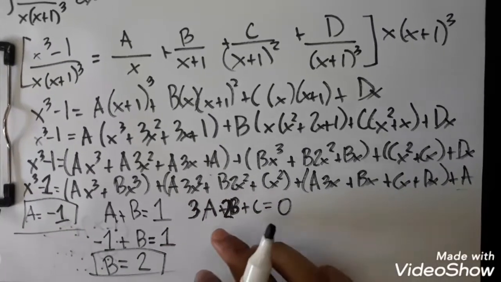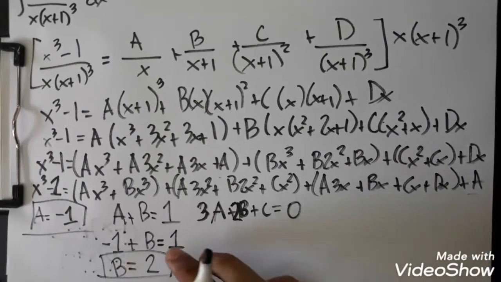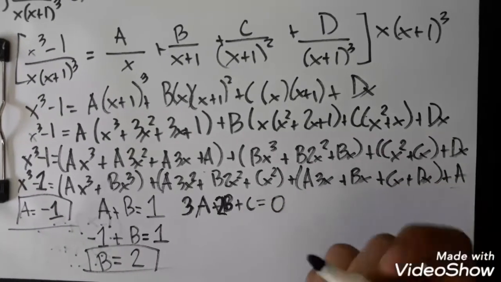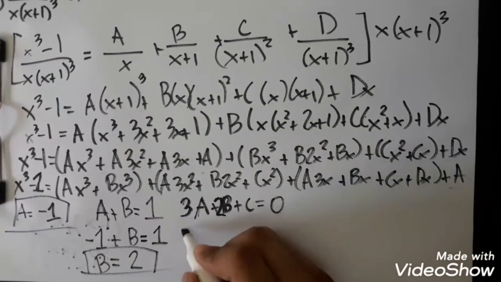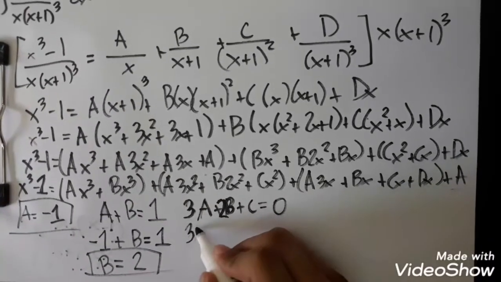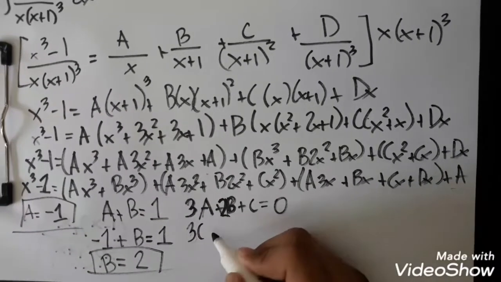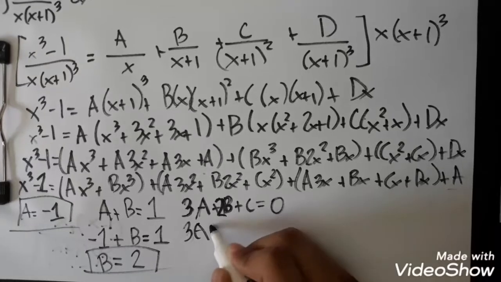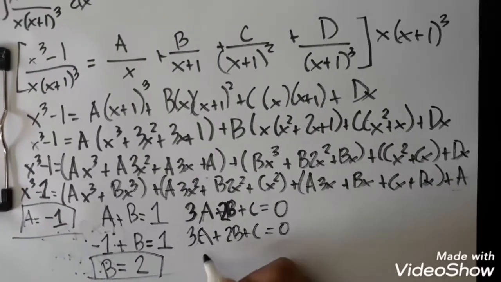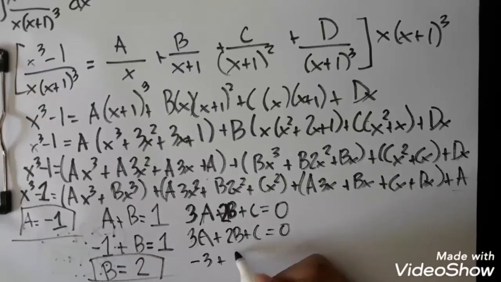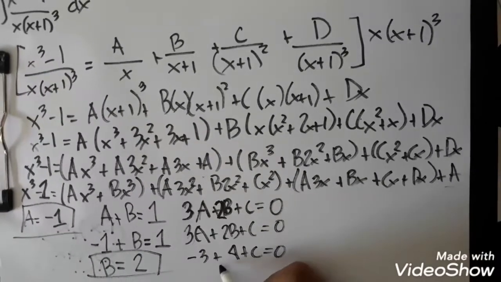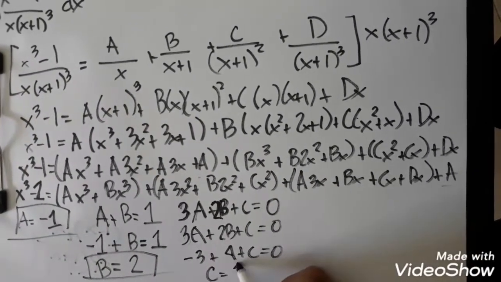Now that you have included the constant, you can directly substitute the a and b, which will give us 3a plus 2b plus c is equal to 0, negative 3 plus 4 plus c is equal to 0, and c would be equal to negative 1.